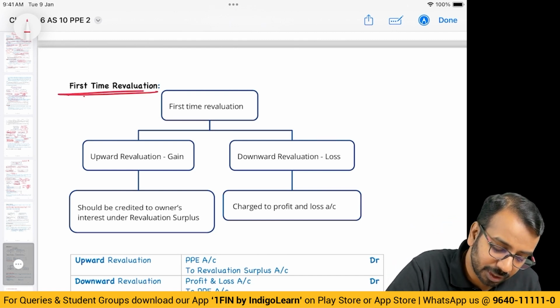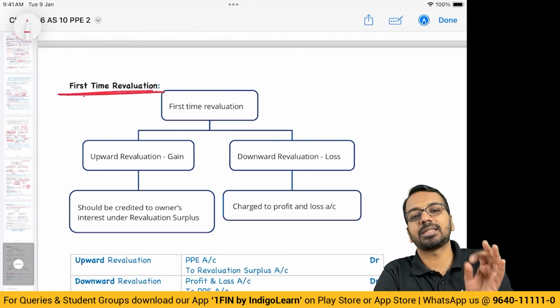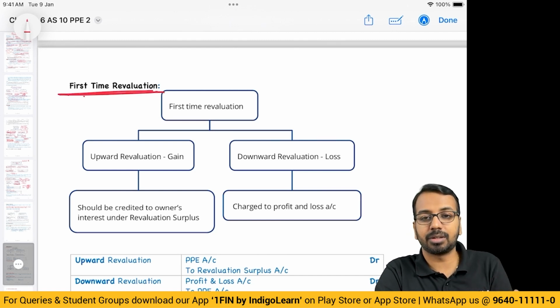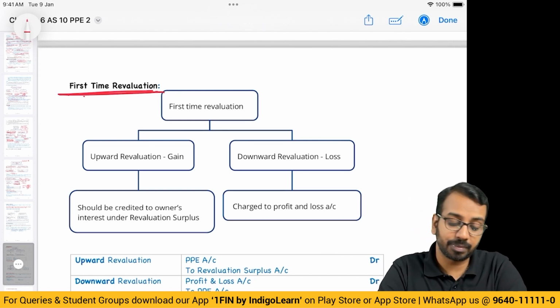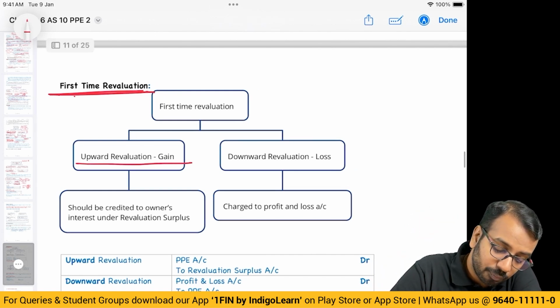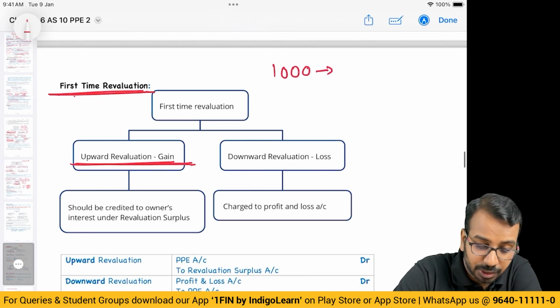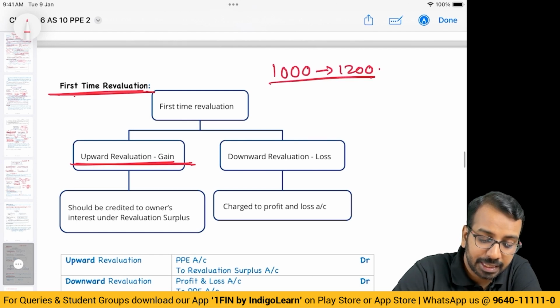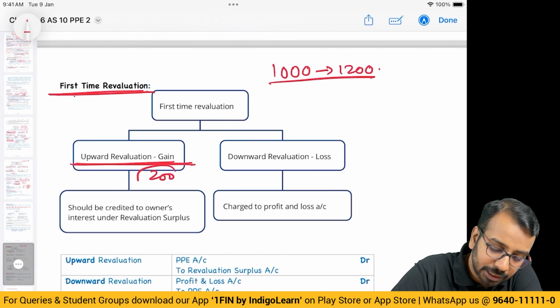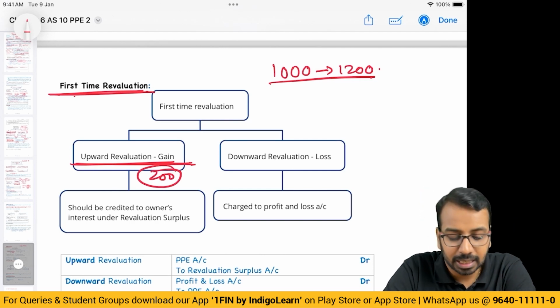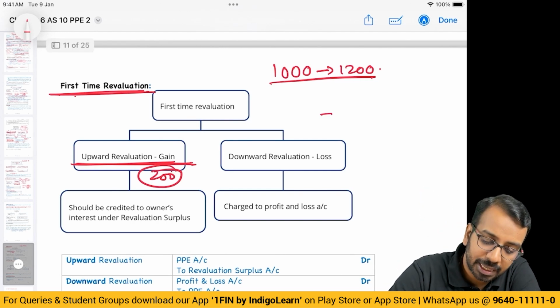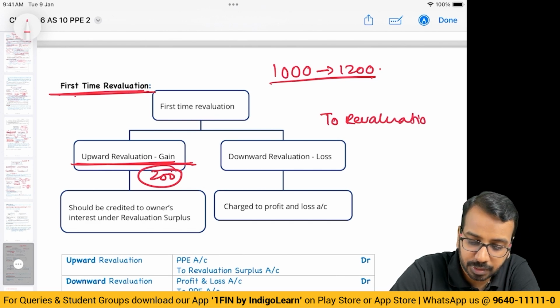If it is a first time revaluation, means we are revaluing the asset for the first time, and it is an upward revaluation, means from 1000 I have increased it to 1200, in that case, this 200 is called revaluation gain. Revaluation gain has to be credited to something called revaluation surplus.